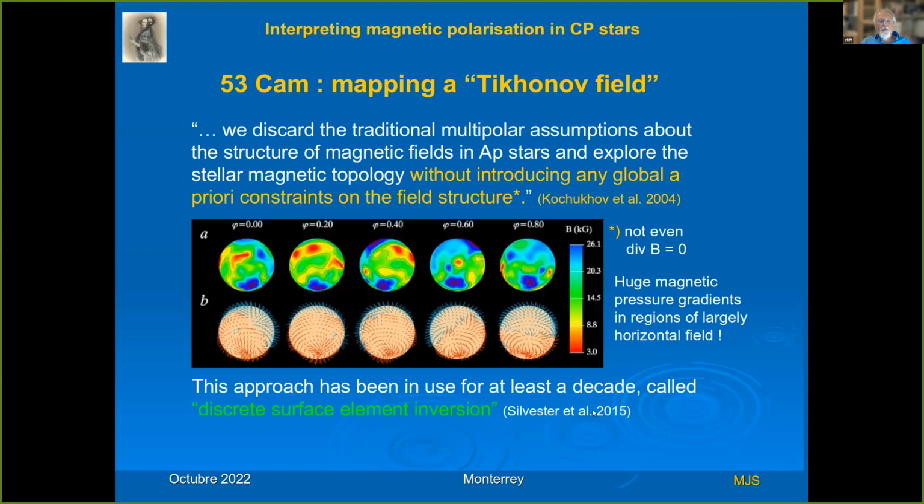Up to 2015, it has been called discrete surface element inversion, but it's unphysical because you don't have magnetic monopoles. At least so far, nobody has detected them.